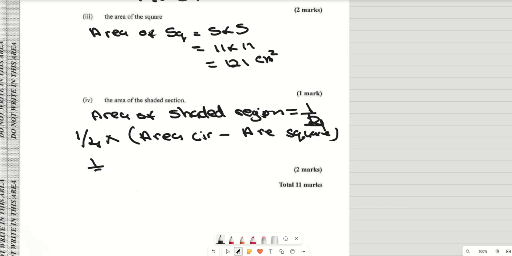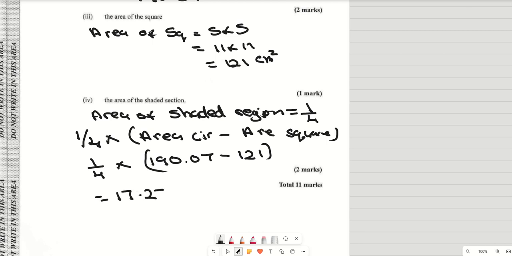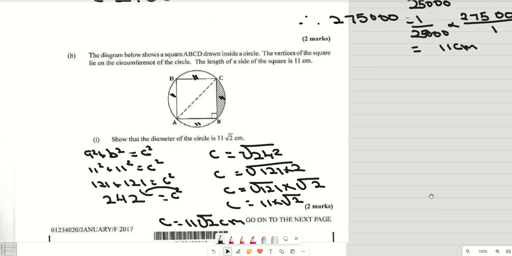That is a quarter multiplied by 190.07 minus 121. Why am I only putting a half? It is not a half, it is a quarter. A quarter is equal to 17.27 centimeters squared. And that would be the area of this region right here.